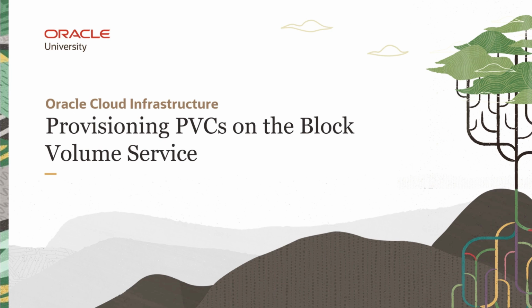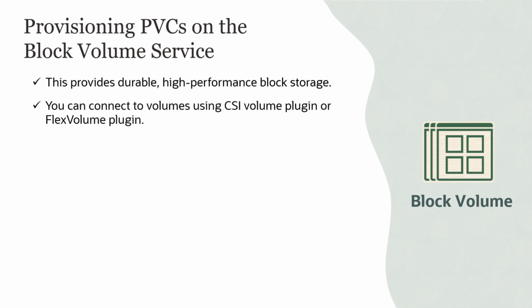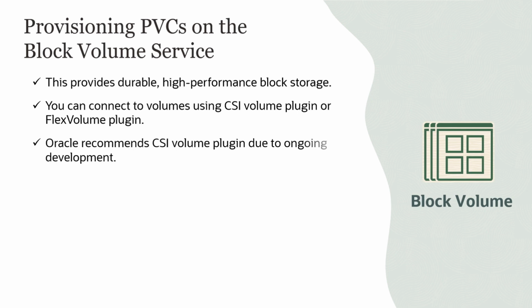So let's get started. We are dealing with storage that's not just durable but also offers high performance block storage. Connectivity options are at your disposal. You can utilize either the CSI volume plugin or the Flex volume plugin. Oracle strongly recommends the CSI volume plugin given its ongoing development and advancements.